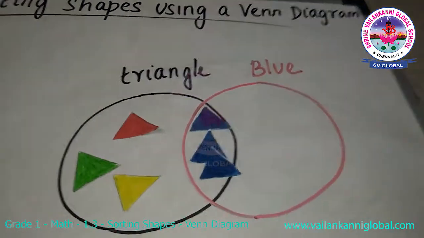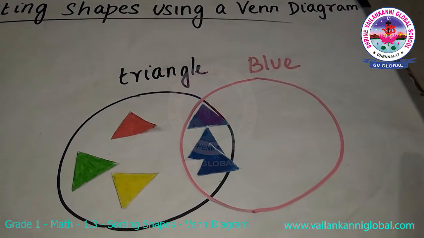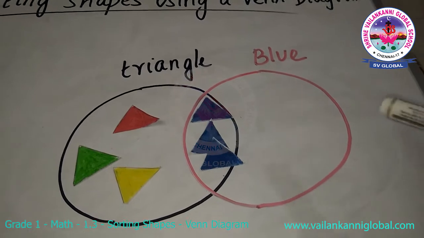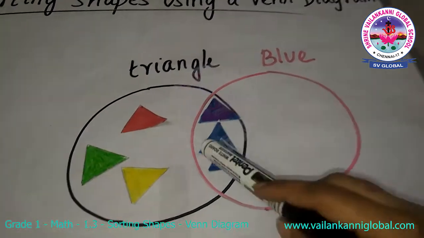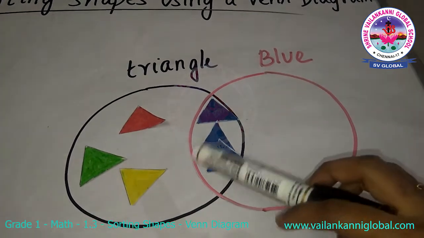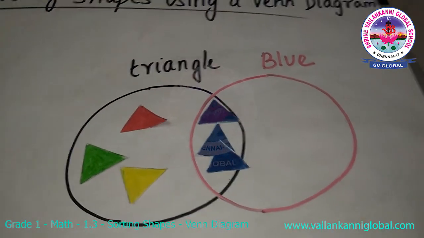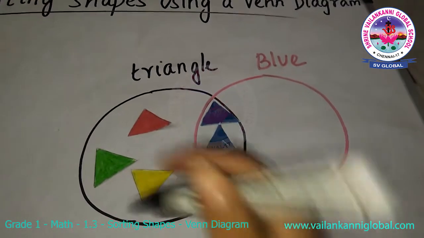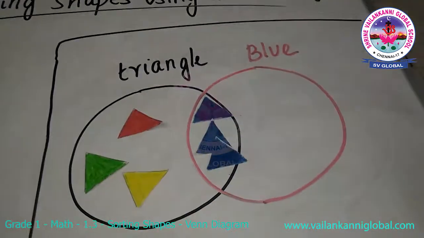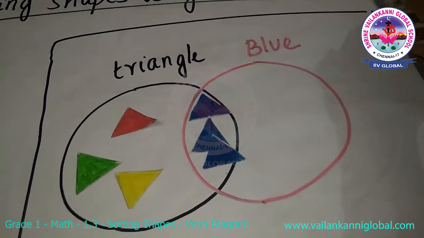So a Venn diagram allows us to sort things which belong to both the categories. This is the way we can sort shapes using a Venn diagram. And one more thing, you are going to draw a box around it. Why is this box meant for?